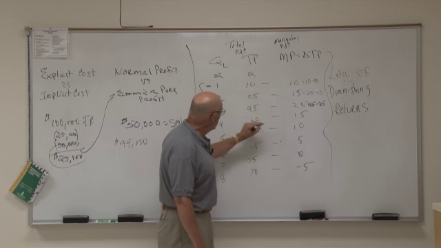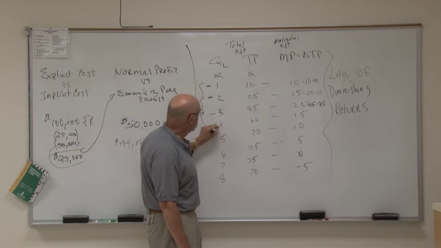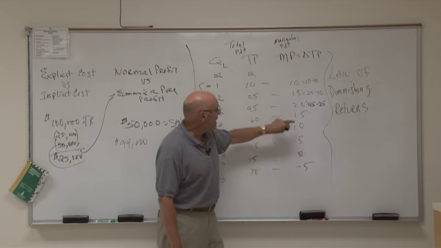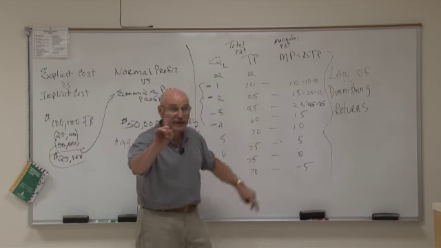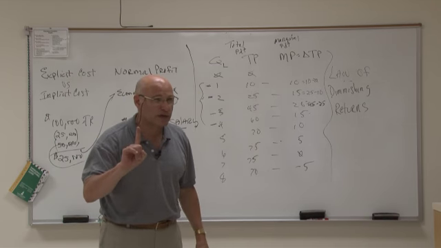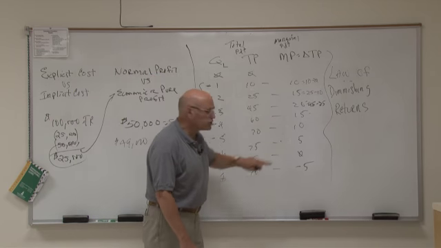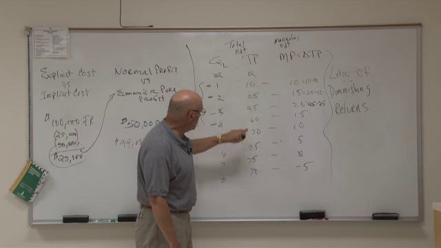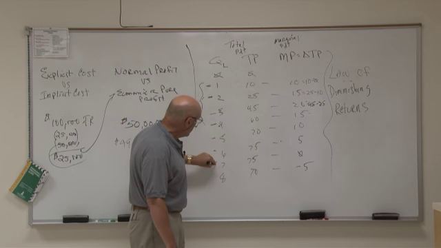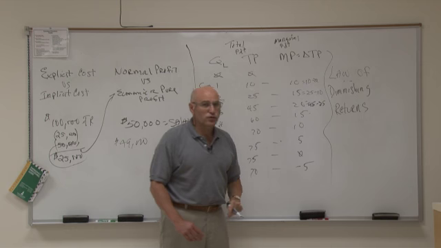The extra product produced by hiring this extra worker is 15, less than here. I'm still getting extra product, so I'm not totally unhappy. When I get the fifth person, my marginal product is 10, 70 minus 60. The sixth and the seventh continually decrease.